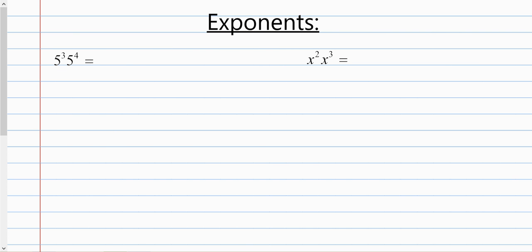So if I look at something like 5 to the 3rd times 5 to the 4th, this is a way of writing repeatedly 5 times 5 times 5, and then 5 times 5 times 5 times 5. So when I'm multiplying, it turns out that I don't actually need the parentheses that I've written there. I wrote them there for a reason, but now I'm going to drop them away.